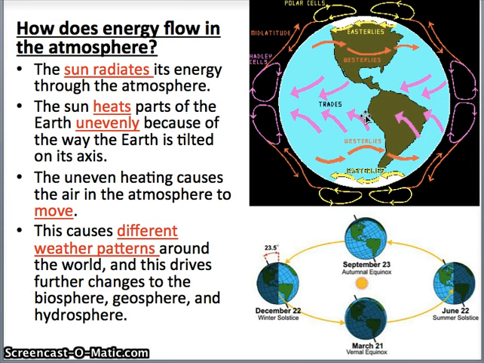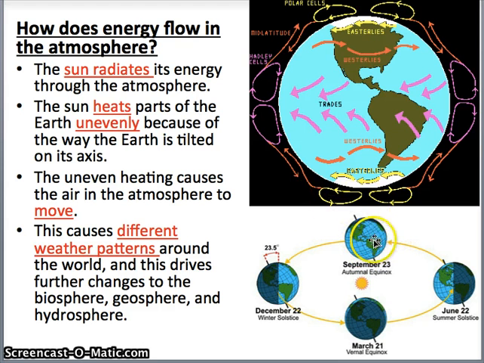How does energy flow in the atmosphere? So in the atmosphere, which includes the air, the sun will warm the air all over the earth. Now, depending on where you live on the earth, and you learned this last year, the earth is tilted on an axis, and when it's rotating around the sun, because it's on an axis, different parts of the world will receive different amounts of sunlight.